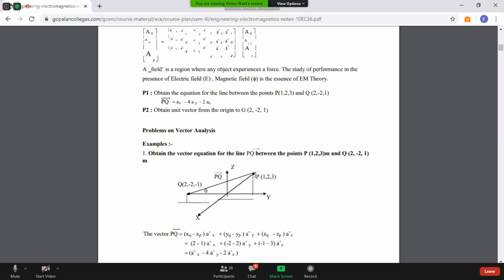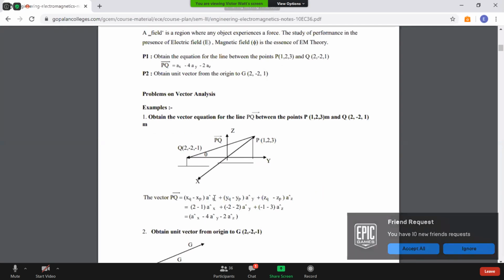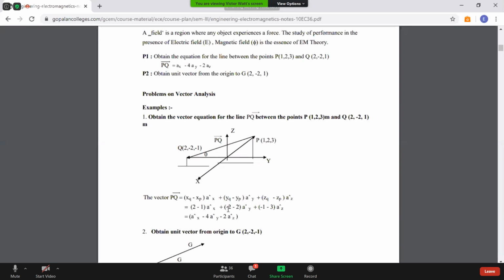So all you would do is subtract your x from Q minus your x from P, your y from Q minus your y from P, your z from Q minus your z from P. So this works out to: xq minus xp in the ax direction, 2 minus 1 ax, then 2 minus 2 ay, then minus 1 minus 3 az.